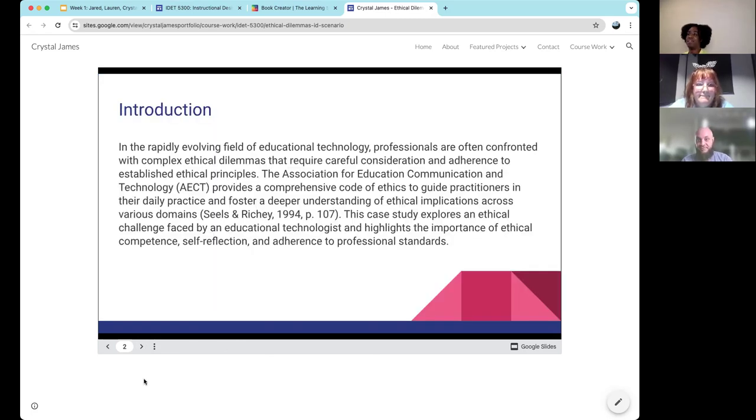In the rapidly evolving field of education technology, professionals are often confronted with complex ethical dilemmas that require careful consideration and adherence to established ethical principles. The AECT, also known as the Association for Educational Communications and Technology, provides a comprehensive code of ethics to guide practitioners in their daily practice and foster a deeper understanding of ethical implications across various domains.